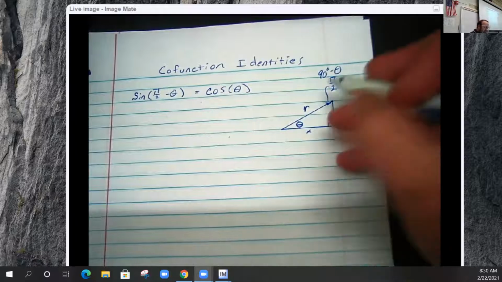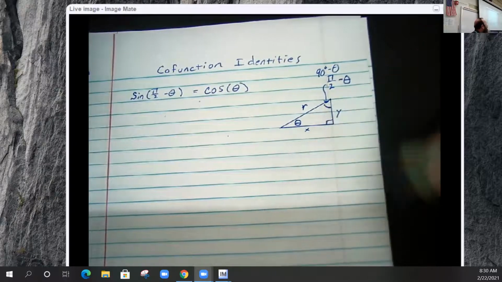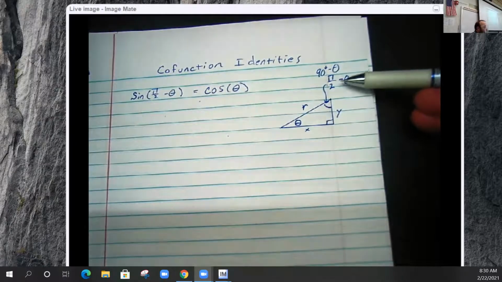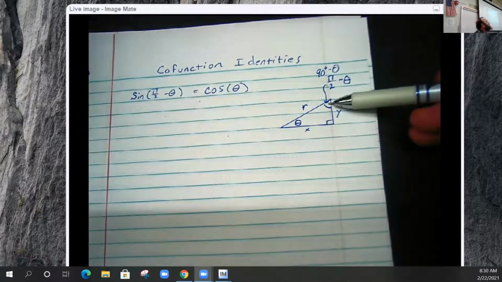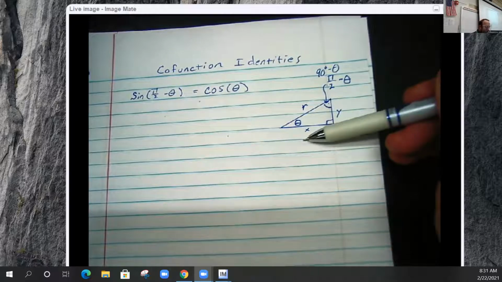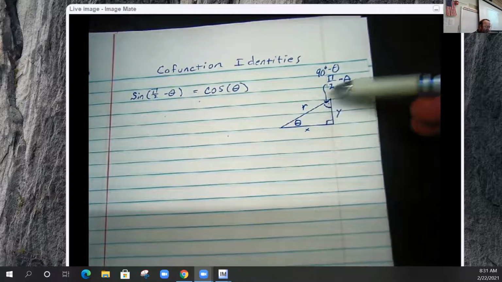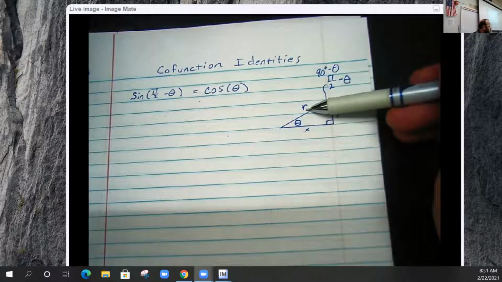Look at this top angle right here, everybody. Feast your eyes. What is the sine of pi over 2 minus theta? This angle right here is pi over 2. So what is its sine? Can you guys tell me what ratio that would be? The sine is what? Opposite over hypotenuse. So the sine of this thing would be x over r, right?